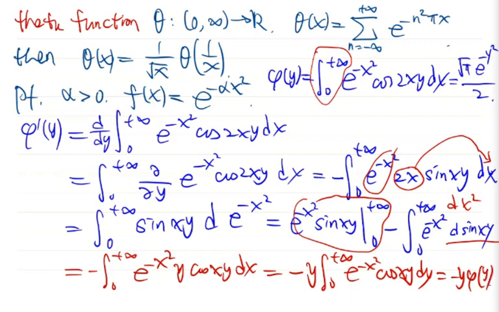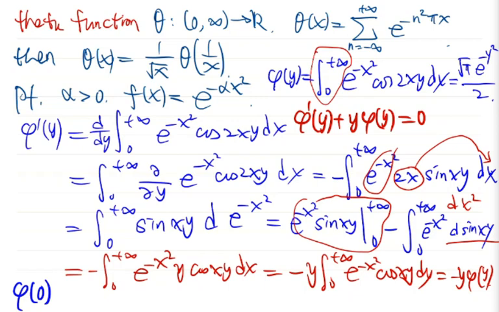So phi prime y equals minus y phi y. That is, phi y satisfies an ordinary differential equation: phi prime y plus y phi y is 0. And also we have an initial value condition, phi 0, when y is 0.